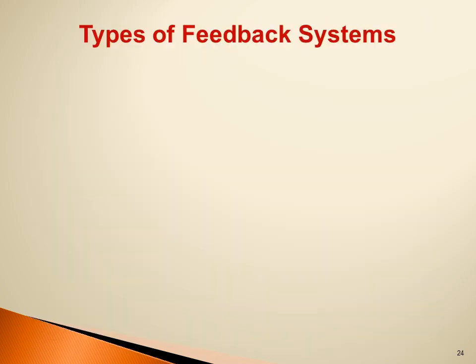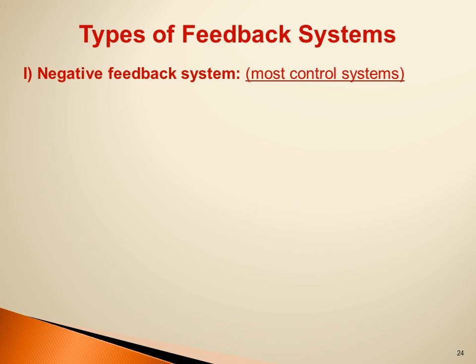Now, what are the types of feedback systems or feedback mechanisms? We have 2 types of feedback systems. We have a negative feedback system, and most of our feedback systems in the body are negative feedback systems. So most of the examples in the human body fall under the negative feedback system category.